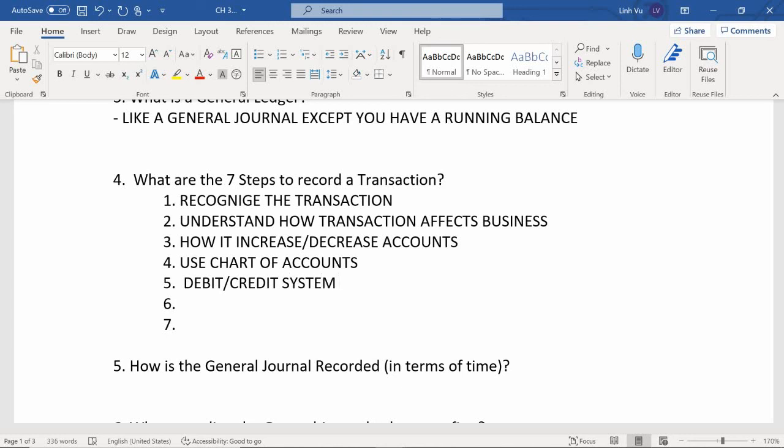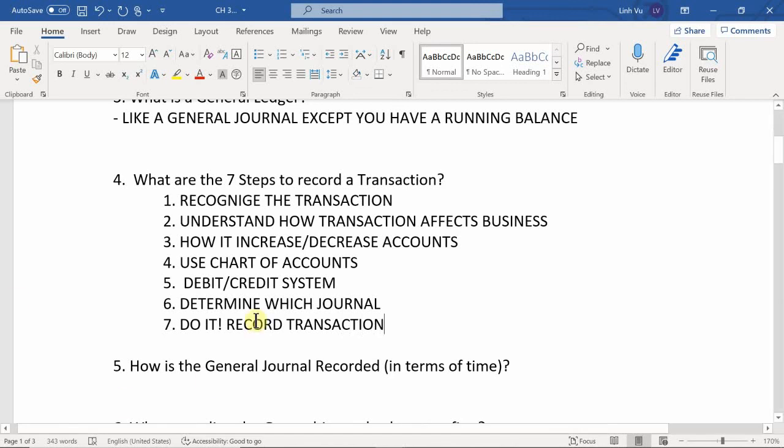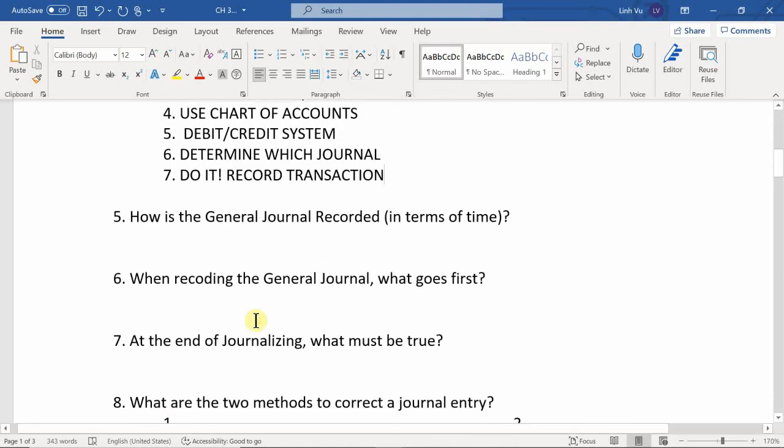Figure out which journal to record it on. Determine which journal. And last but not least, step number 7 says, you start to record. Record the transaction.